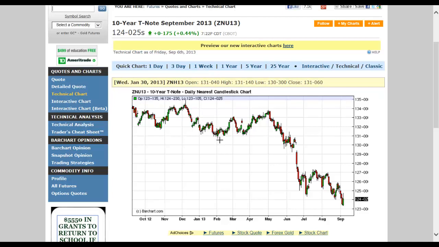When the T-note futures contract is rallying as it does here, the yield would be declining. Vice versa, when we see the futures contract trading lower, that means the yield is going higher. When the 10-year T-note is trading higher here, the bond yield is going lower. Then we have a drop lower and sustained move lower, which means there's a sustained move higher in the bond yield.